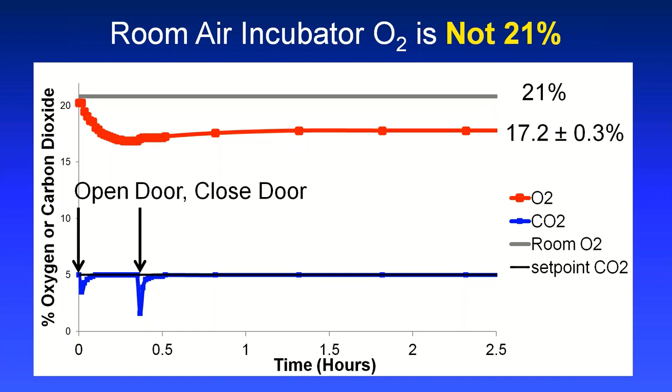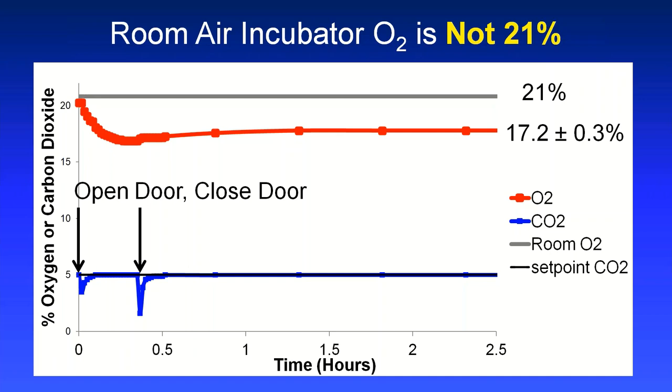But even room air incubators aren't at 21% oxygen. They really can't be. If you're adding all that CO2, you're adding 5% CO2, and you're adding a lot of water vapor, you've got 90, 100% humidity in there, you can only get up to about, I think it's calculated to be 18.6% oxygen that you've got left in that gas space for the oxygen.